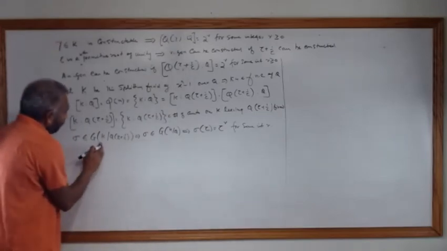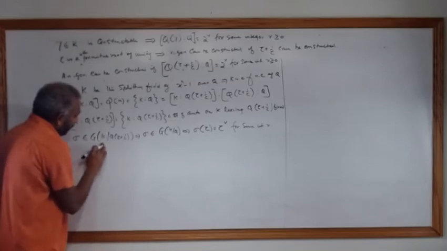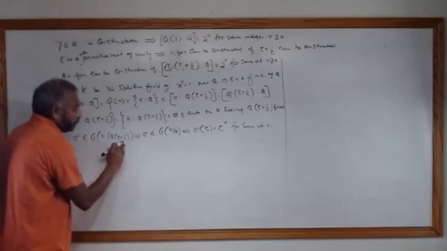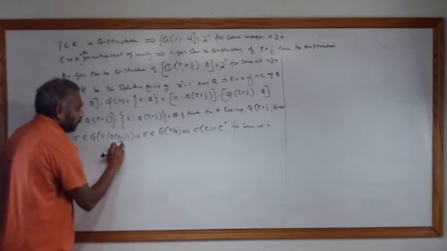So this actually means an automorphism on K leaving this fixed, that is Q of zeta plus 1 by zeta.